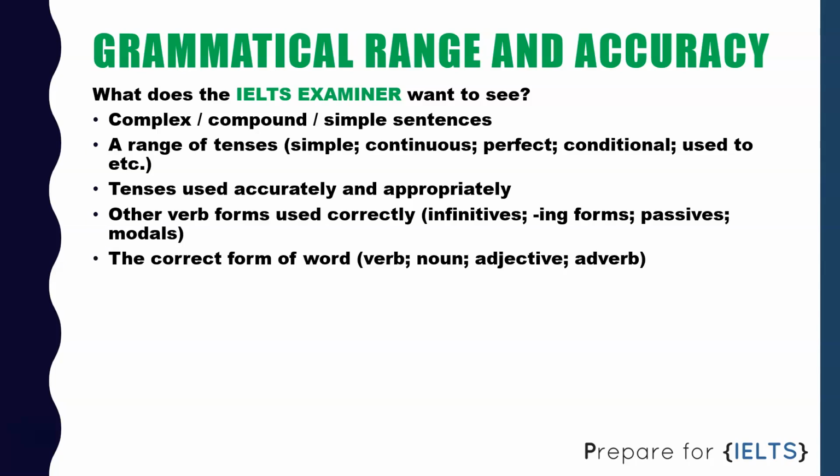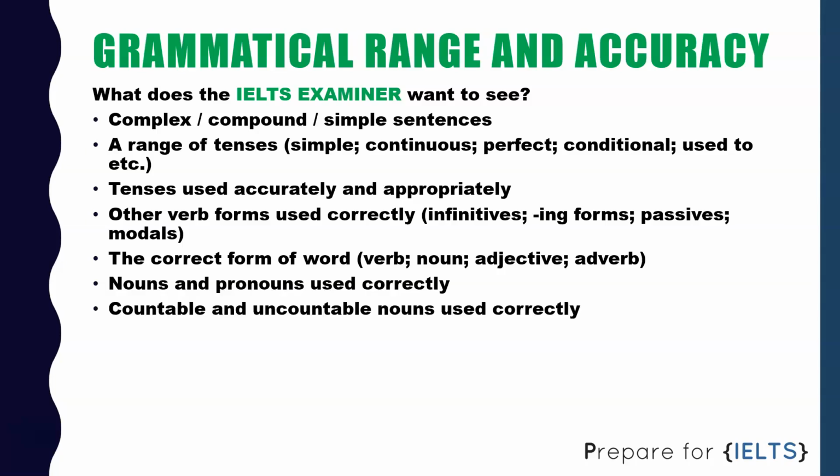The correct form of word, so you need to make sure that if you need a verb, you've got a verb and not a noun or the adjective or adverb form. It's good when you learn a word to learn the word family.